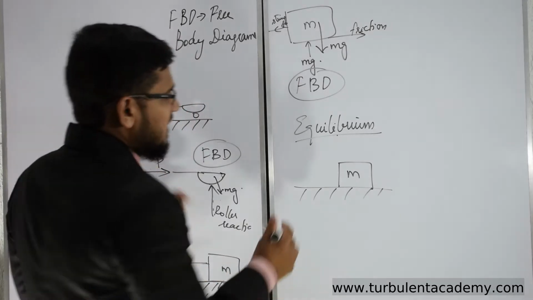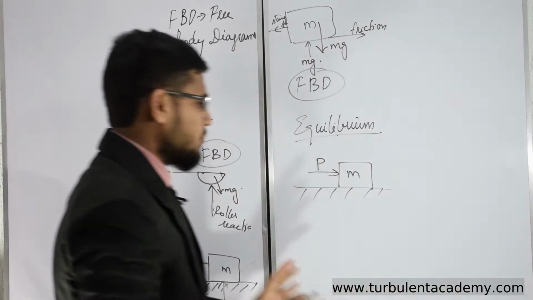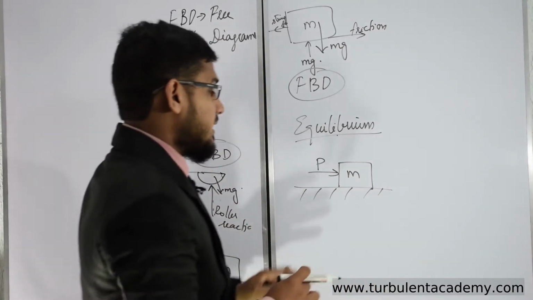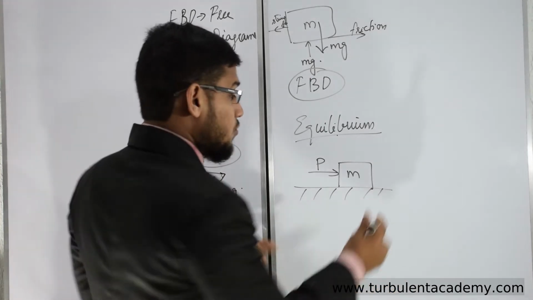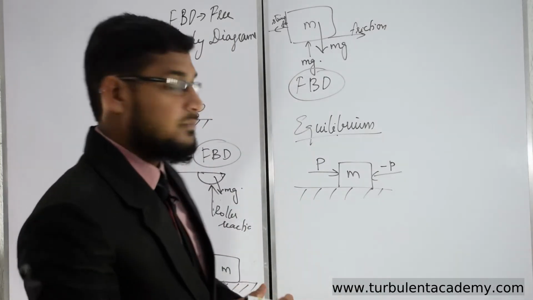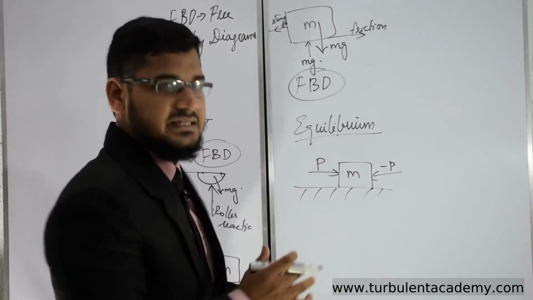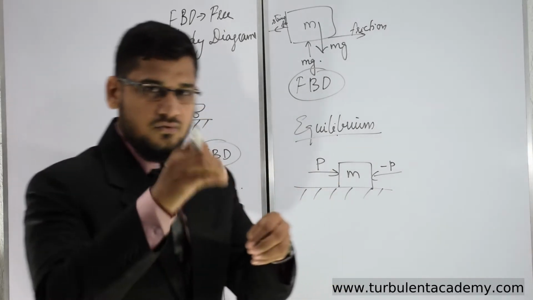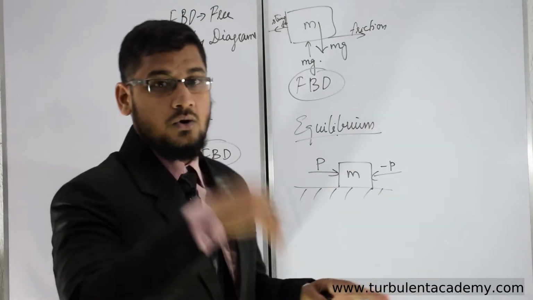Now, if I apply a force P and I am moving it, and someone is resisting with the force minus P, what will be the condition of mass M? It will stay still. Equilibrium is a condition in which a body stays still because whatever forces are associated with it are getting resolved by counter forces.